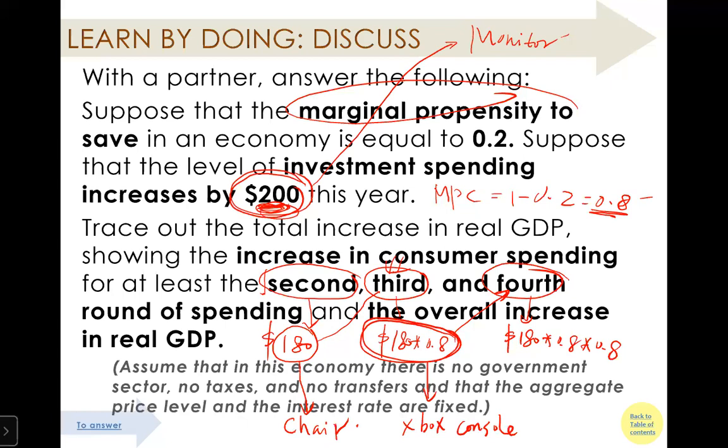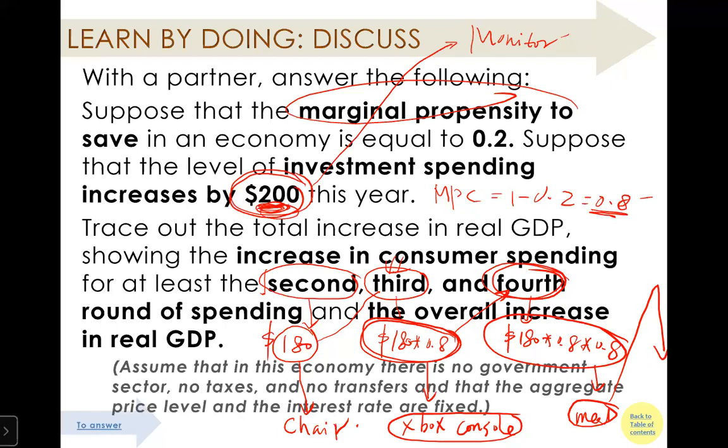And then in the last round, whoever sold this Xbox console is going to spend this amount, let's say, for example, on a big meal. And actually, you can keep tracing out what happens. Whoever provides this meal is going to spend a fraction of this amount, say, for example, to watch a movie, so on and so forth.